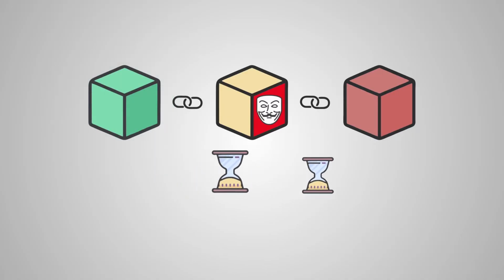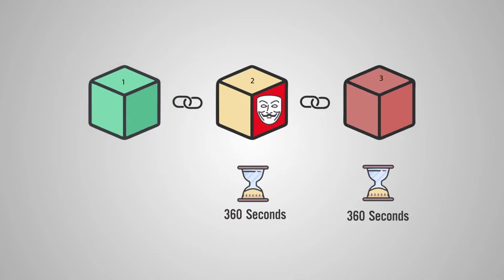In Bitcoin's case, it takes about 10 minutes to calculate the required proof of work and add a new block to the chain. This mechanism makes it very hard to tamper with the blocks, because if you tamper with one block, you'll need to recalculate the proof of work for all the following blocks.